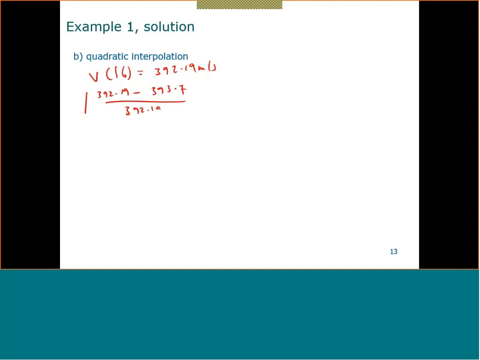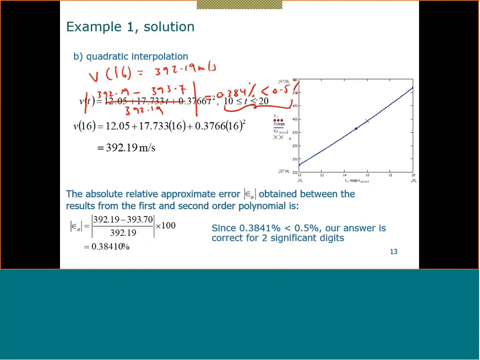Okay, and this times 100. This will give me 0.384%, less than 0.5%. So if you recall, this means that this is good for two significant digits. Okay, so this is my answer here, and this is the approximate relative error.